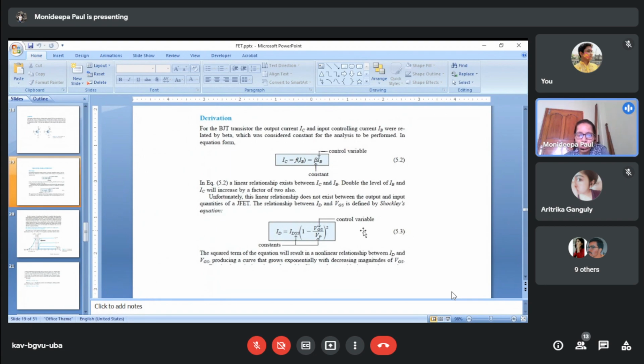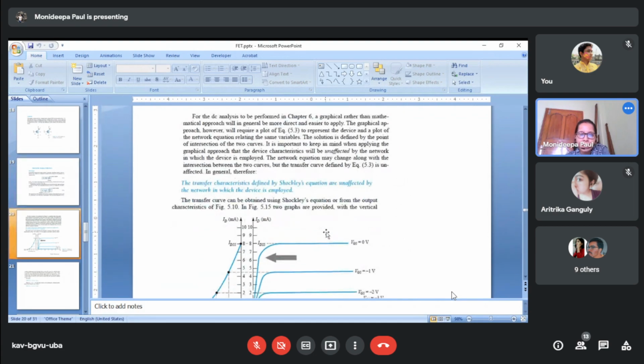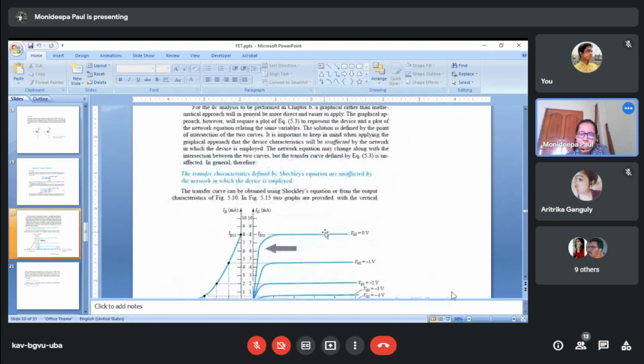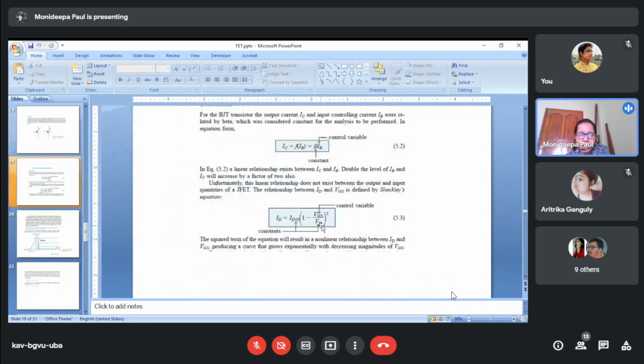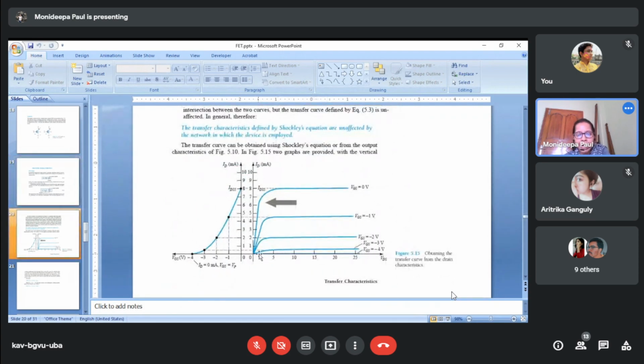You should remember this formula. This formula is also known as Shockley's equation. Okay. ID is equal to IDSS into 1 minus VGS divided by VP whole square. So from this equation, you see this graph.